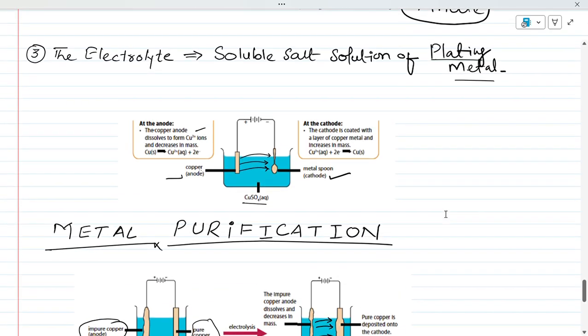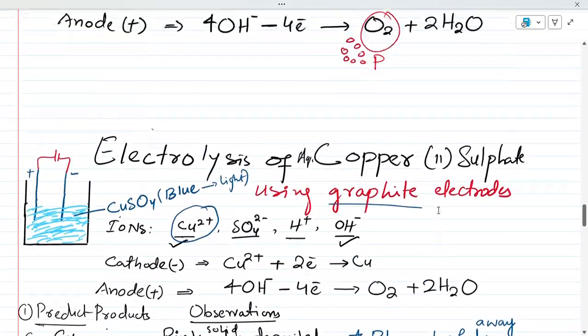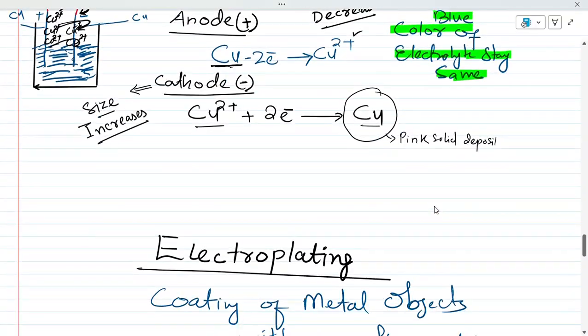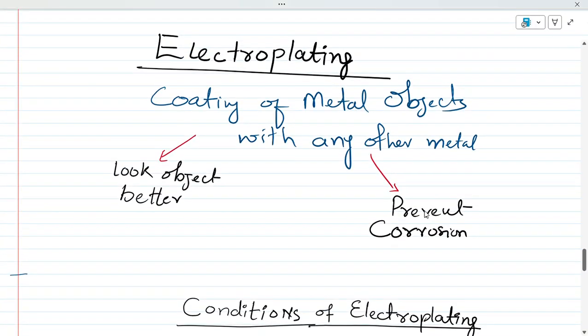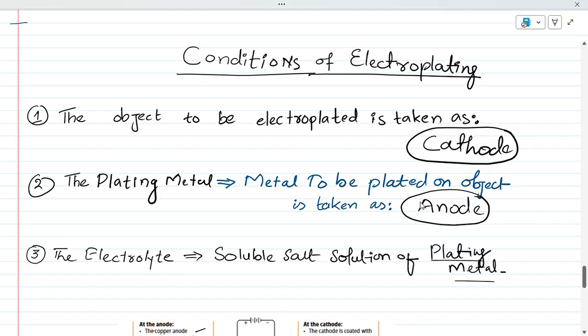So this is all about electroplating. Electroplating is normally done to improve the appearance of objects, to make them look better or to prevent corrosion. These are the three conditions that need to be considered whenever you solve questions on electroplating. The first is that the object to be electroplated is always taken as the cathode, the second is the plating metal, and the third is the soluble salt solution of the plating metal.